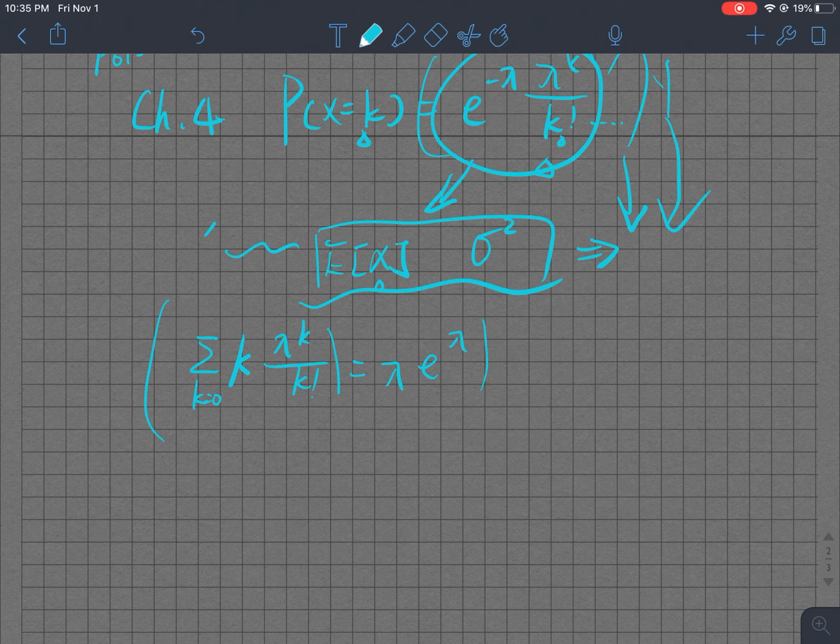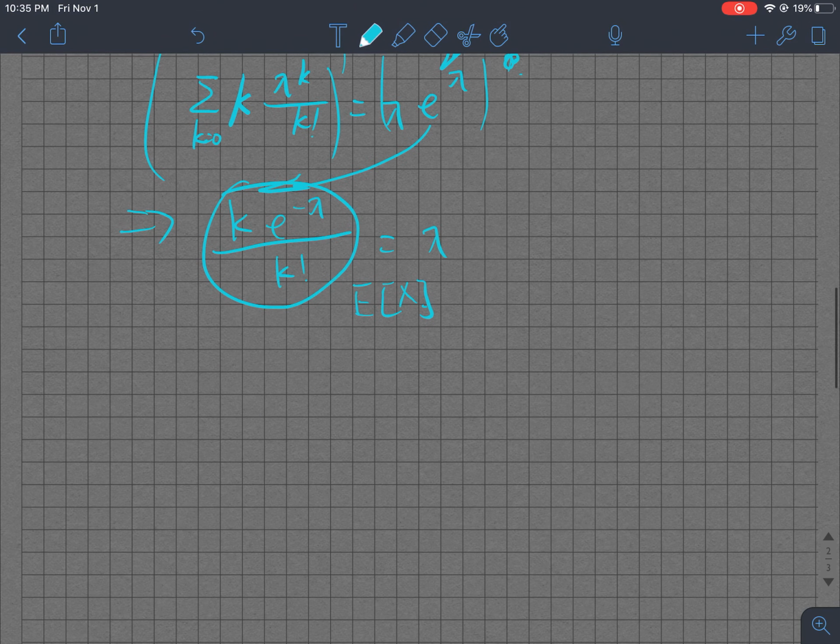Then we can get the derivative of both sides. We get k e to the minus lambda. Actually, we can know that this is just a derivative from the previous one. Then we know that this is basically what we need for the expectation of x.